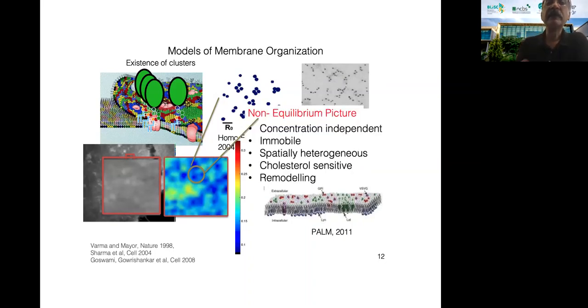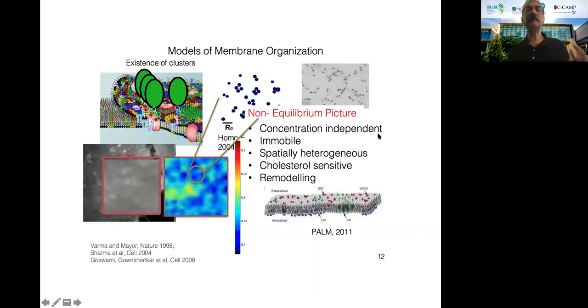We then, using methods that I'm going to describe shortly, showed that the clusters of these GPI anchored proteins could not have arisen simply by GPIs partitioning into phase segregated patches of membranes. One, because the clusters themselves formed in a concentration independent manner.